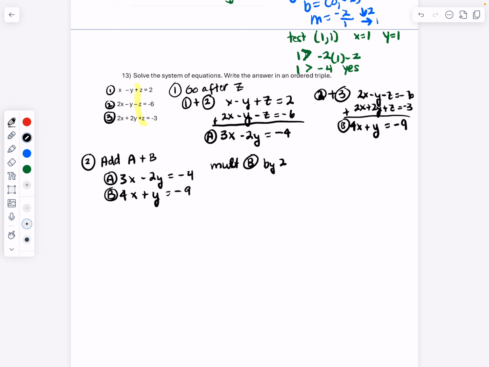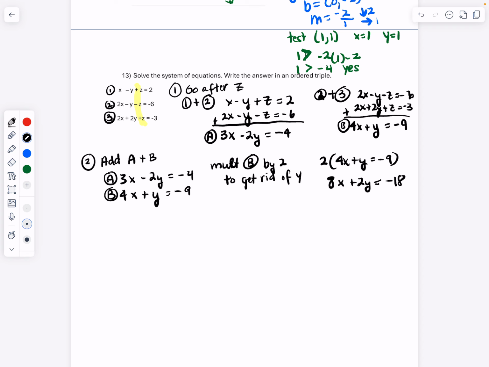And I'm going after y. Okay? So if I multiply B by 2, I get 2 times 4x plus y equals negative 9, which I get 8x plus 2y equals negative 18.